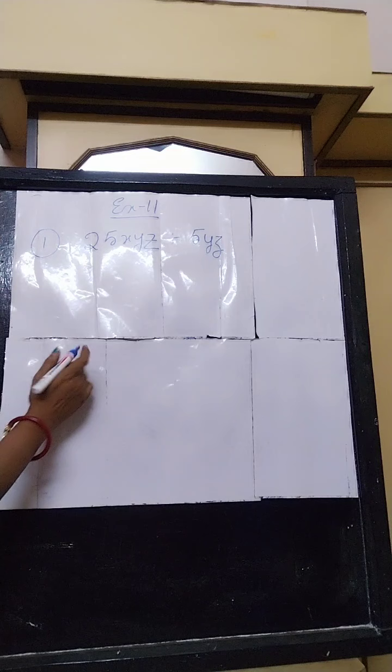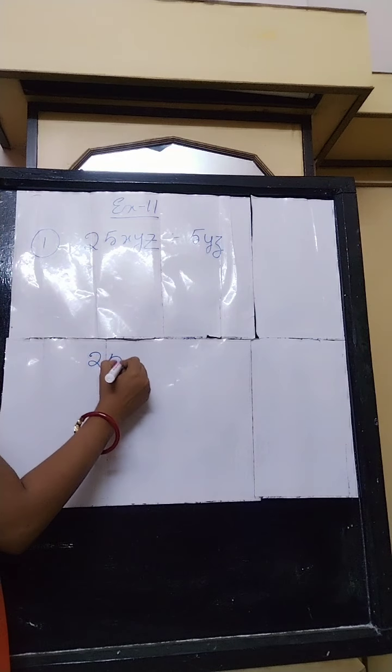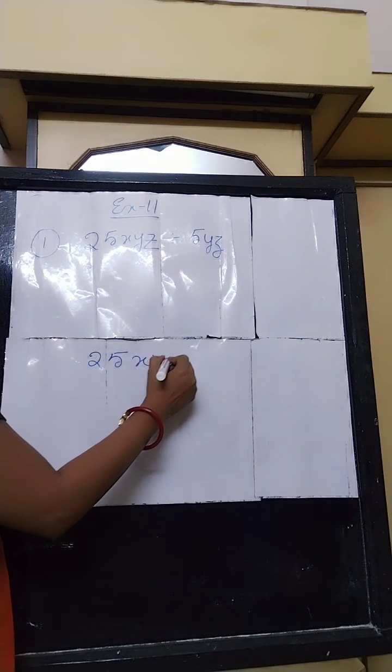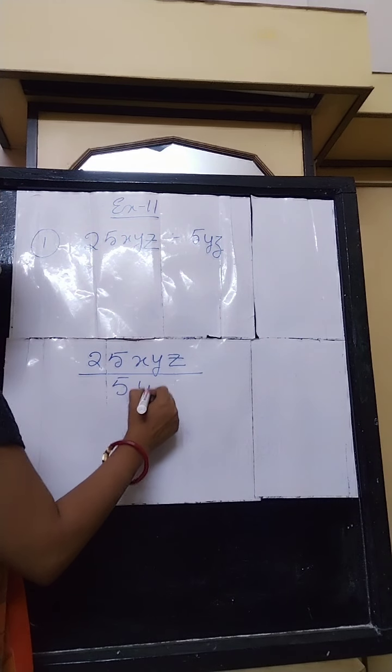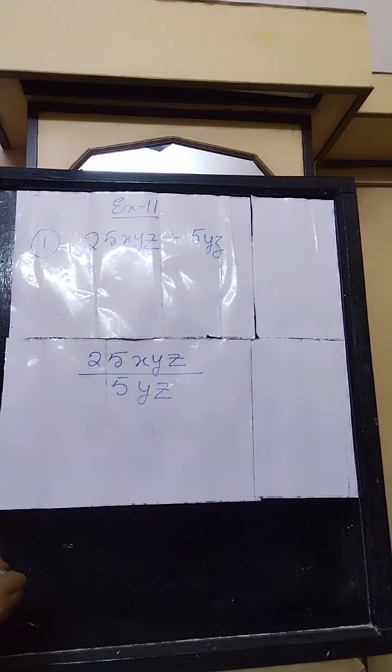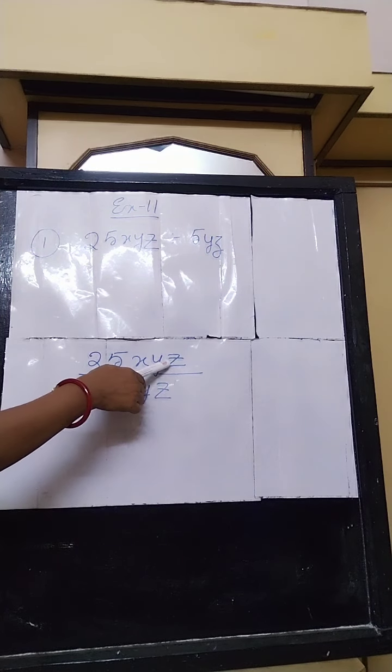25xyz is given. You have to divide this with 5yz. Now you will see whether the numerator and denominator are matching or not in case of algebraic variables.